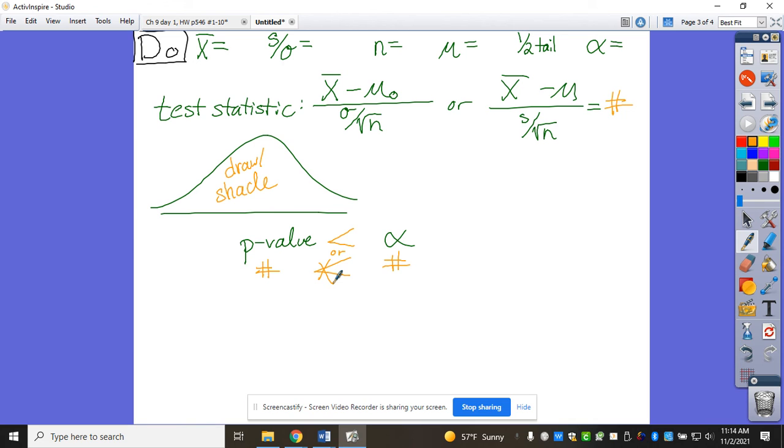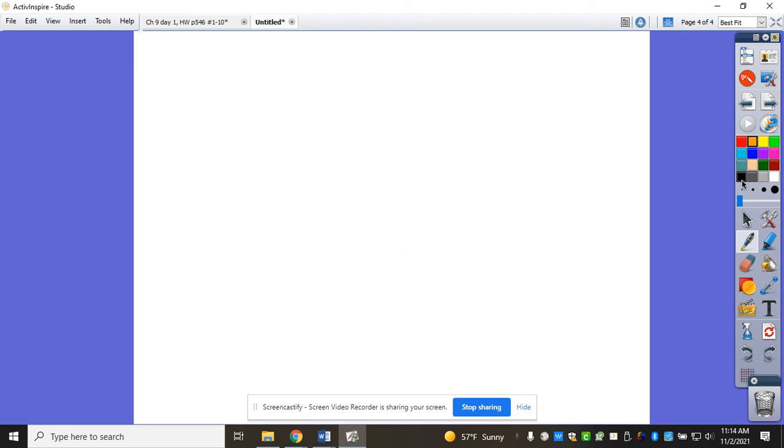So if our p-value ends up being so small that it's smaller than what we said we would reject, then we basically do away with the initial claim. So our conclusion, we actually wrote yesterday. So we have two options of what we're doing with the null hypothesis.